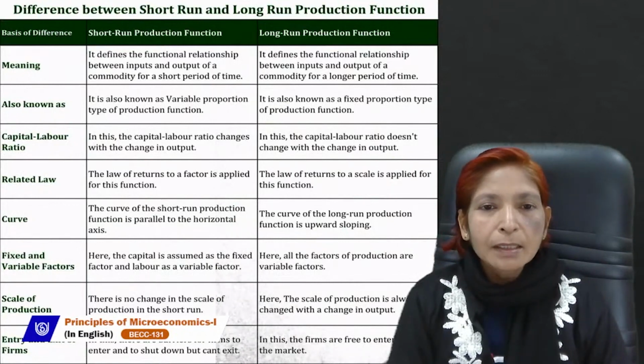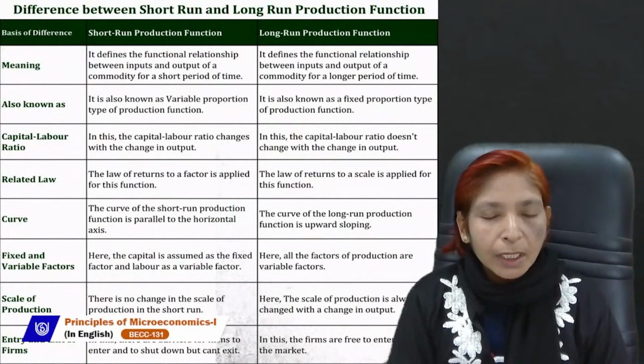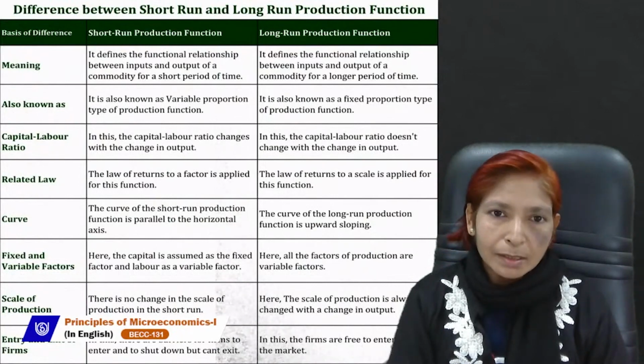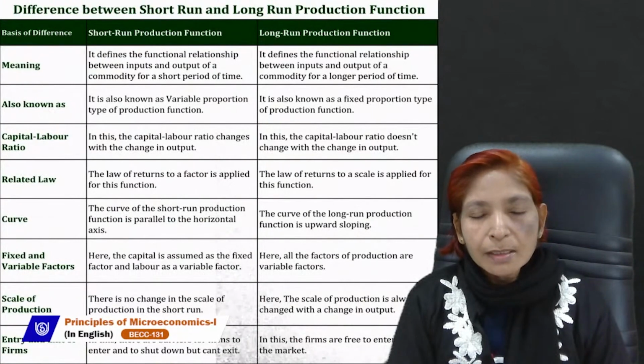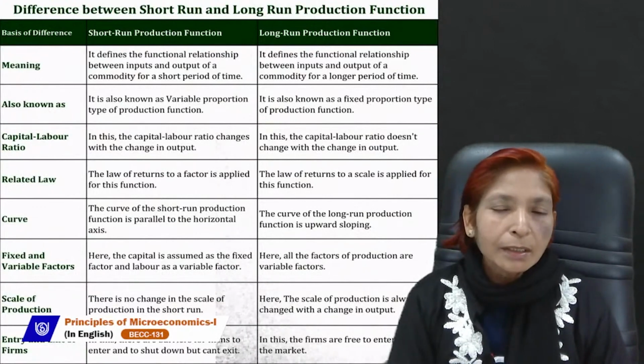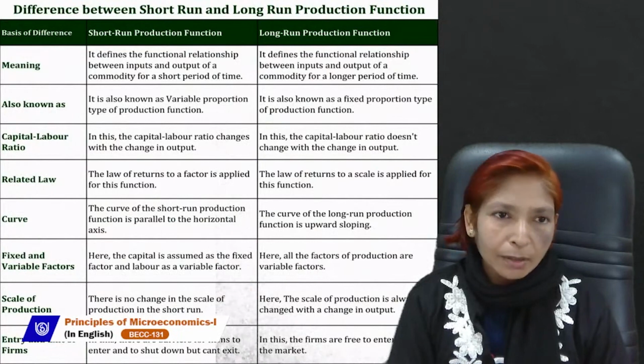We assume that land and capital remain constant. We can change only the units of labor for the production of goods and services. So in short run, the only variable factor is labor.